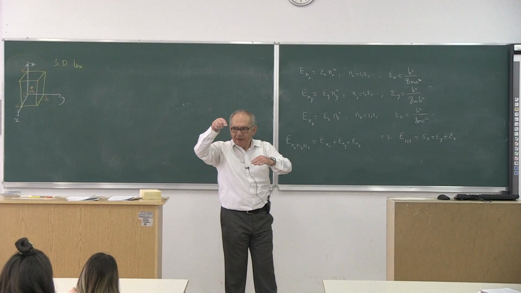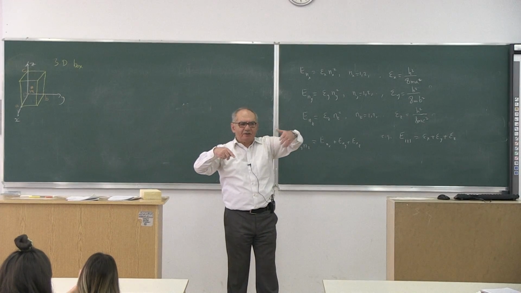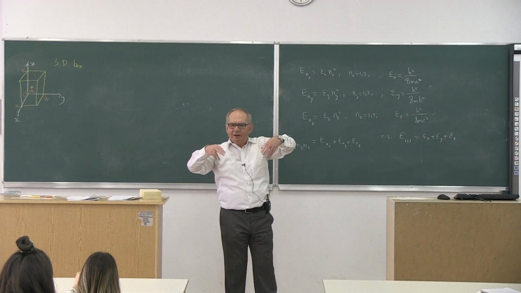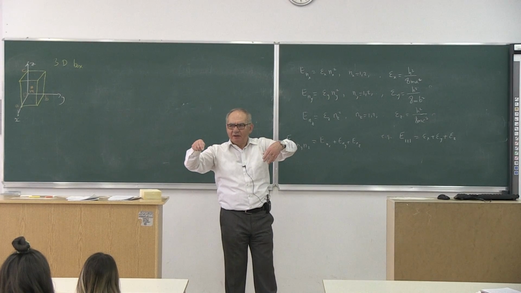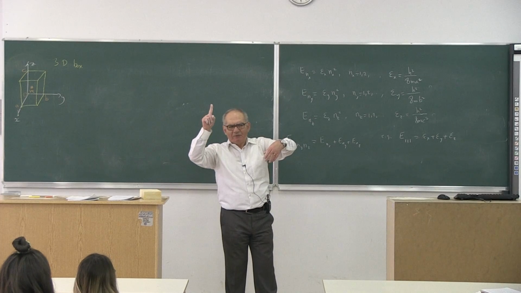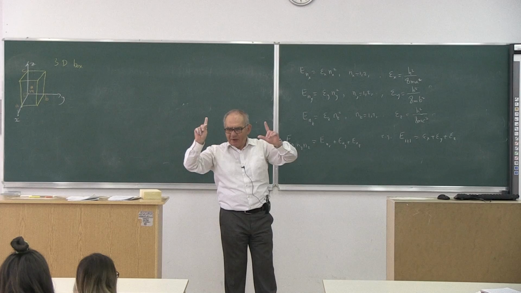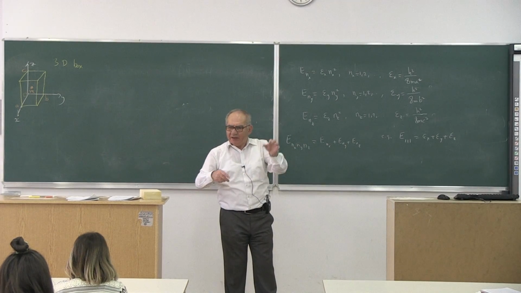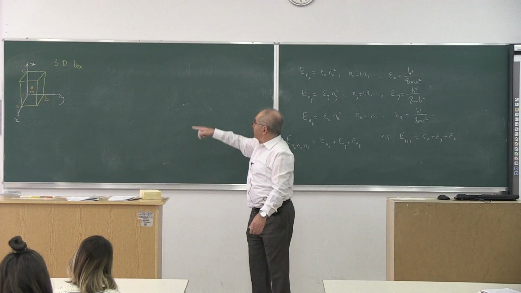Okay? And if there is only one state function for a given energy level, what do we say about the degeneracy of the level? Only one function for the same energy, non-degenerate. So if the box sizes A, B, C are different from each other, in general, all the energy levels will be non-degenerate.